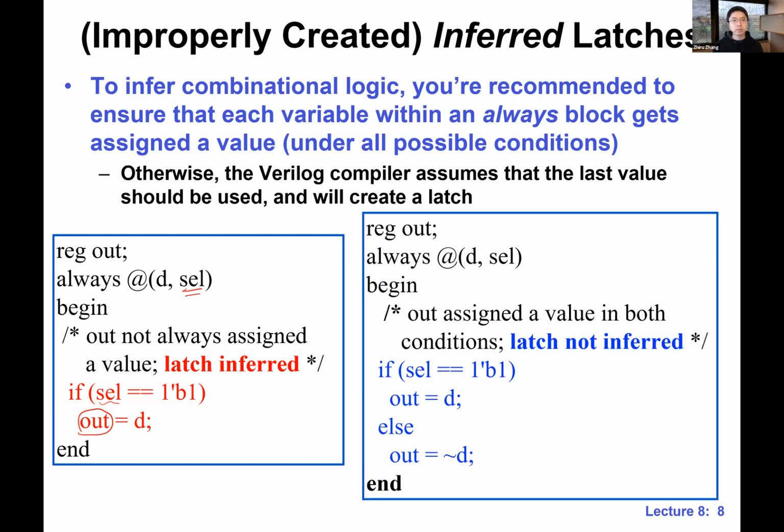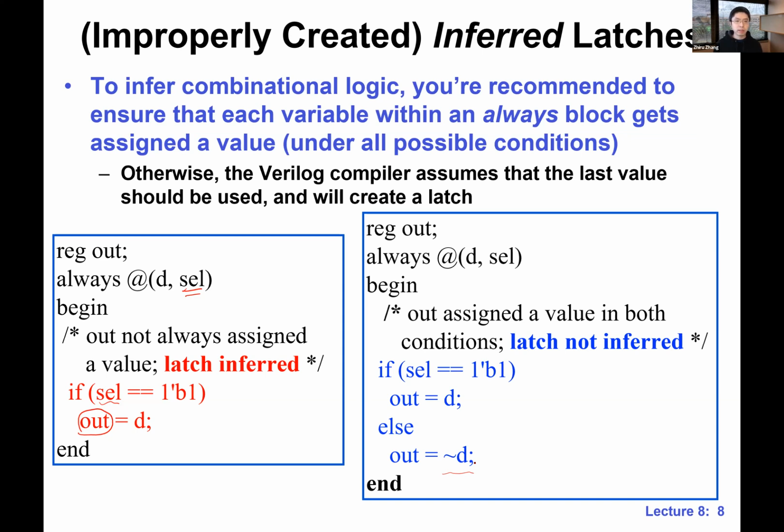So really, in many cases, what you mean to design is something like this. You want to do combinational logic. When select is 0, you actually want to take the inverted value of D and make sure you put it there.